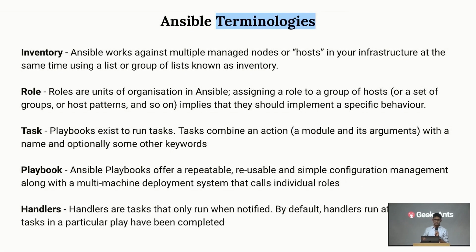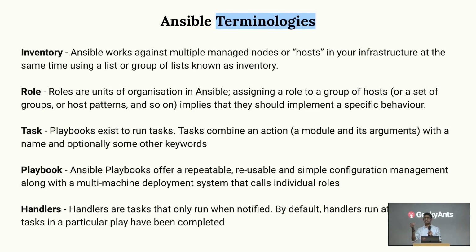Basic Ansible terminologies. When it comes to configuration management, we need certain credentials like the server IP, what SSH key to be used, and the user with which we have to log into the server. That kind of information is present inside an inventory file. Next come the roles and tasks. For example, we want to run an apt update, apt upgrade, Docker install, and an Nginx install on a particular Ubuntu server.